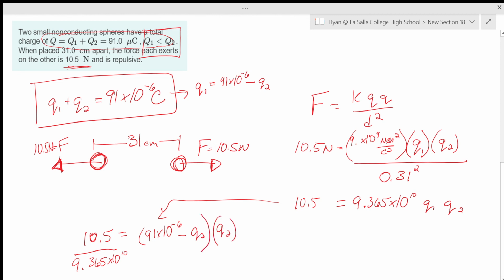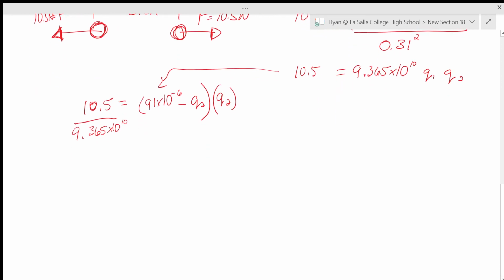Well, I can distribute that Q2, right? I can distribute that in and get 91 times 10 to the negative 6 Q2 minus, this is going to look strange, Q2 squared, right, is equal to whatever 10.5 over that other answer was. And so I get 1.121 times 10 to the negative 10.